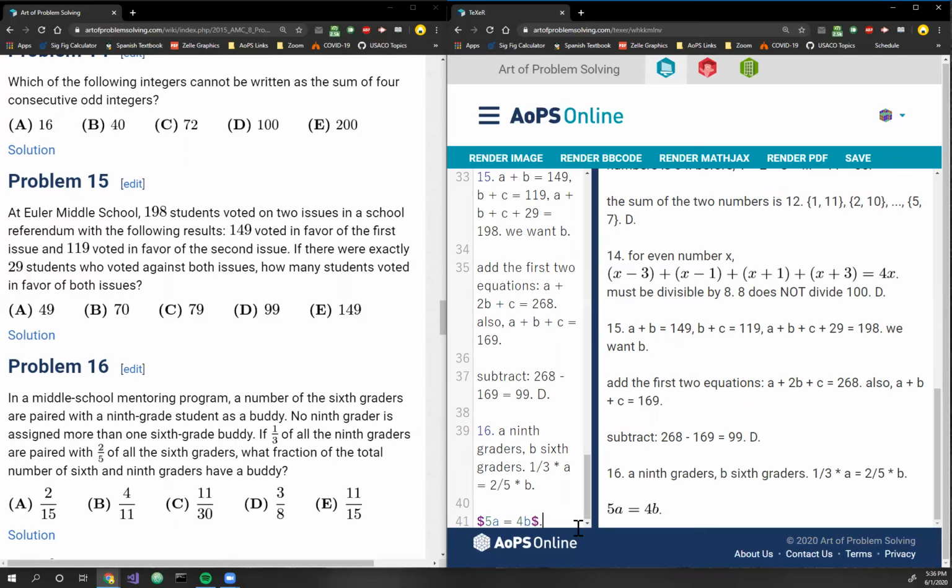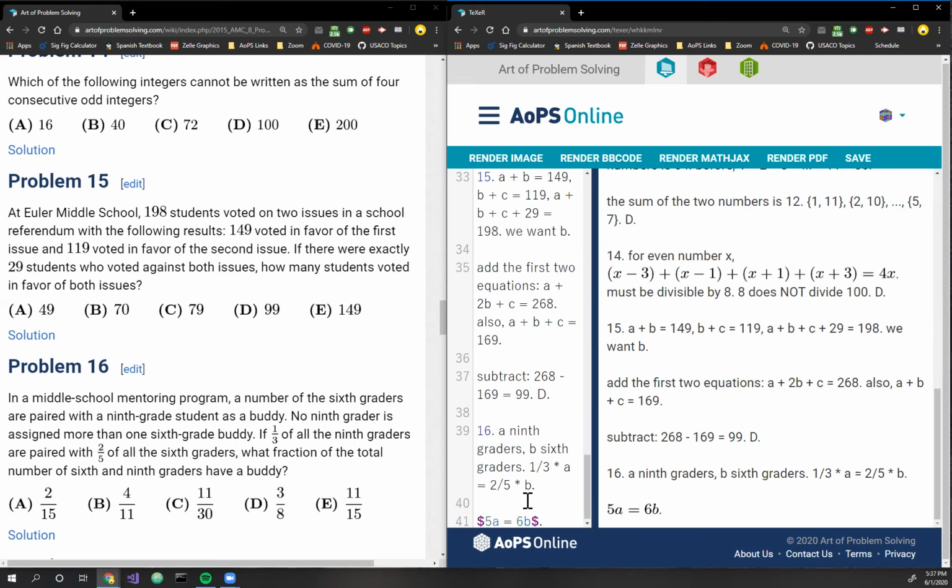So what we can do now, wait, I think I messed up. Sorry, this is 6B. If 1/3 of the ninth graders, okay, so 5A equals 6B, then the sixth graders are paired with the ninth graders.